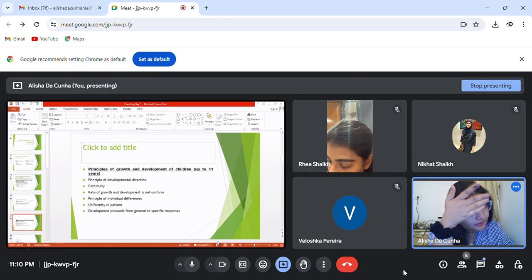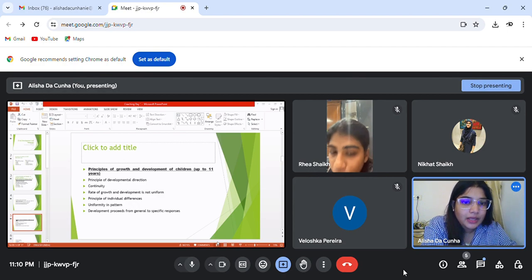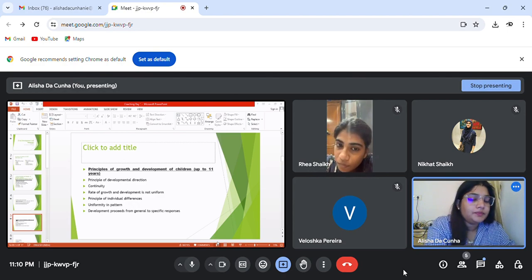Do you want the spellings? CEPHALOCAUDAL. This is cephalocaudal principle of direction. And we have proximodistal, PROXIMODISTAL.